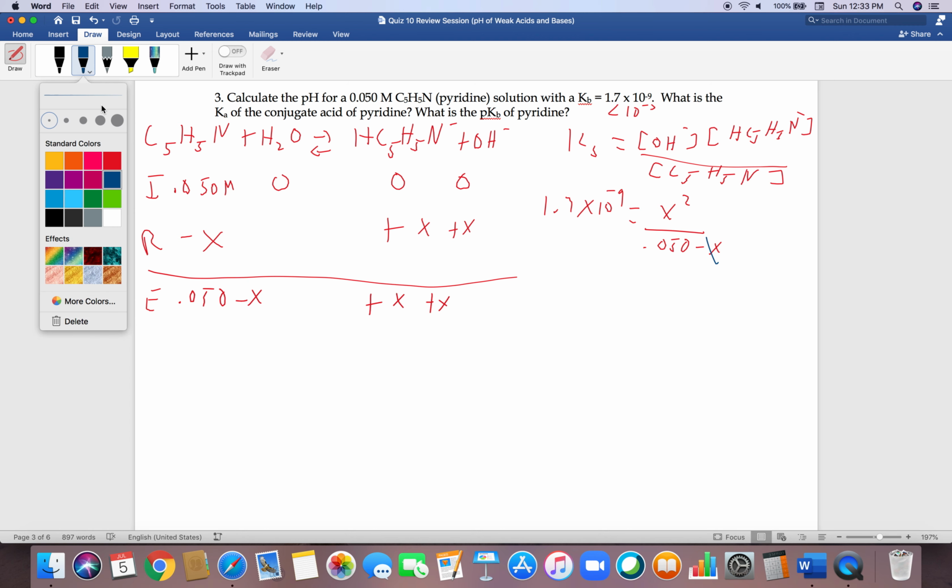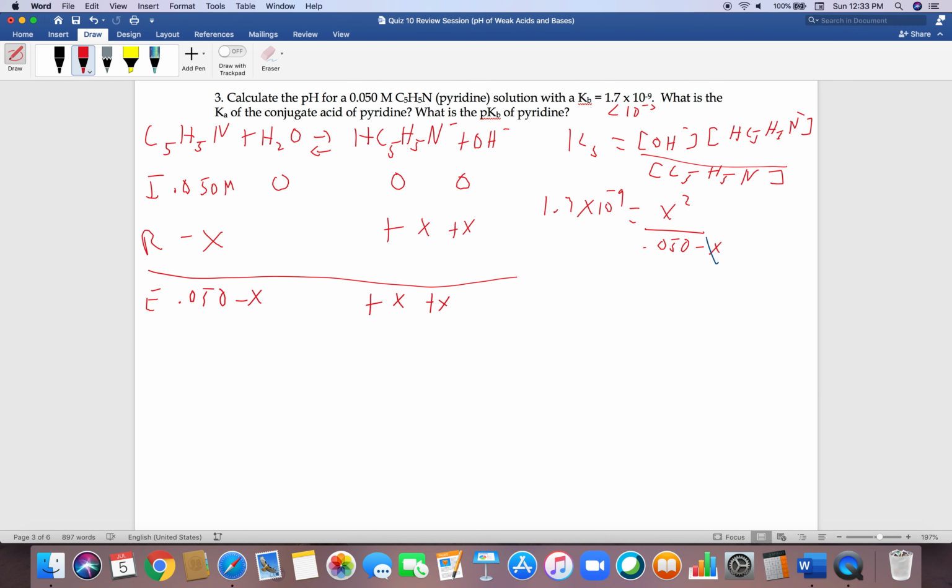Once we solve for X, we'll find that X equals 9.22 times 10 to the negative 10th molar, which also equals our hydroxide ion concentration because it's a base. So we can get the pOH from this, and the pOH would equal 5, and 14 minus 5 would give us the pH, which would equal 9. So that's the pH of this solution.